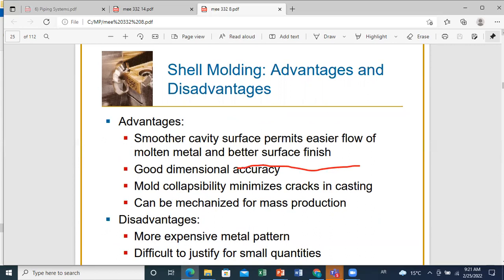Because of the heat treatment you created, the surface of your mold is characterized by a high strength, and this will reduce formation of cracks in the casting. And this system can be mechanized for mass production. Now, the disadvantages is that it's more expensive than having a metal pattern, and it's difficult to justify if you have small quantities of production.